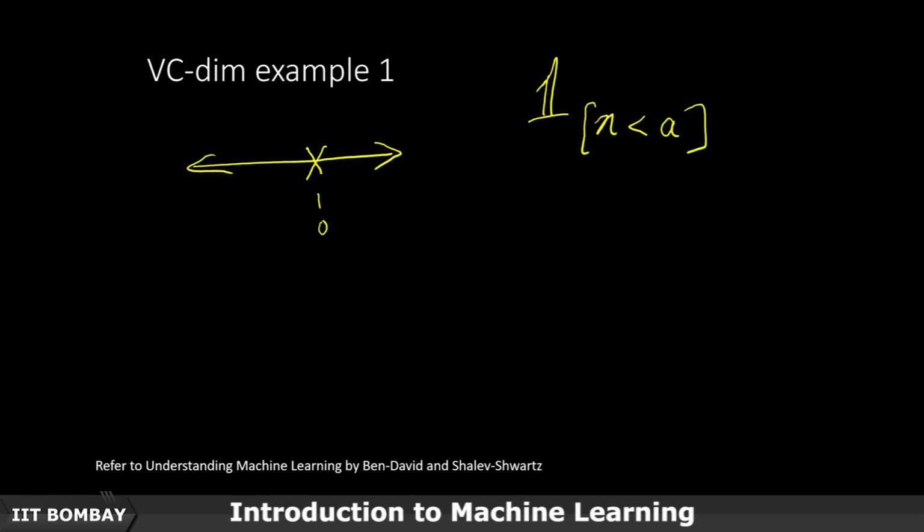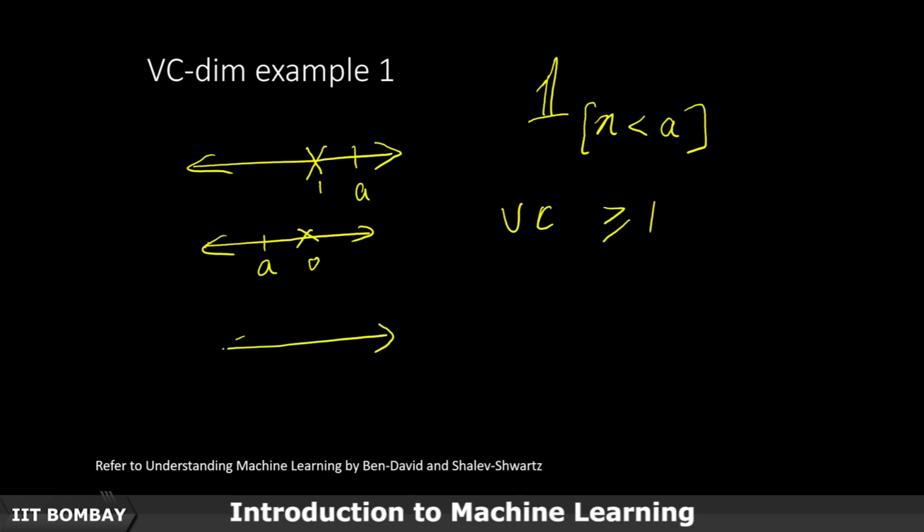If it is 1, then I can have a here. If it is 0, then I can have a here. So this is 1, this is 0. That means the VC dimension of this classifier is at least greater than or equal to 1. Now let's take 2 points. Now the number of labelings I have is 4.